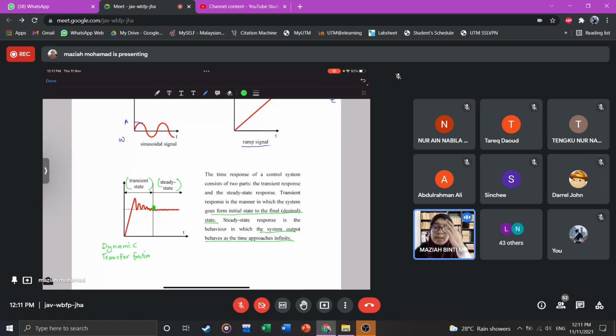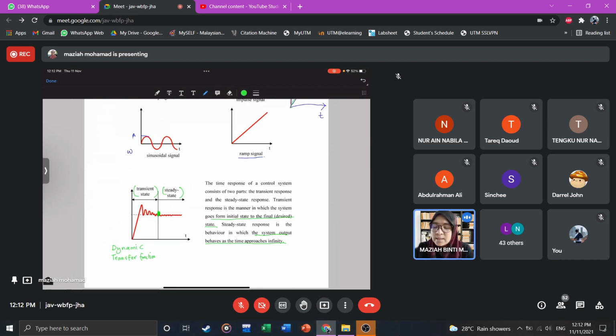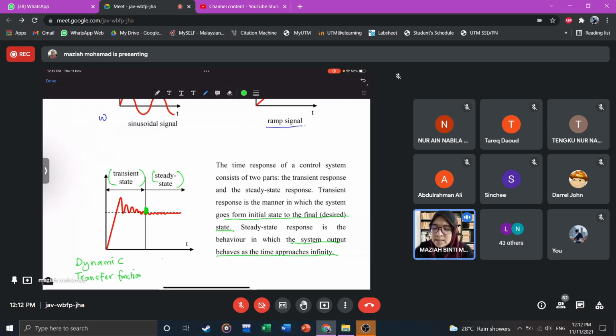Okay, and then for the steady state region, we have what is the name, the name is what we call the static transfer function.